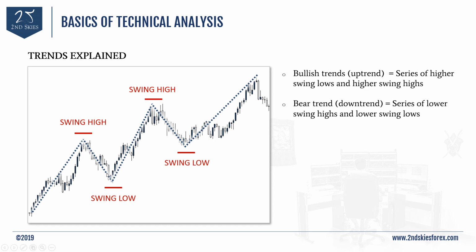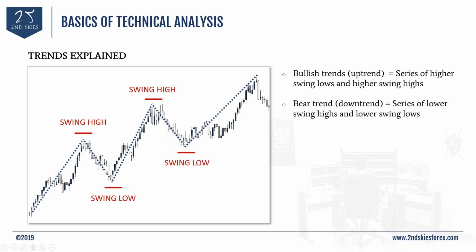Then once the next pullback starts again, another swing point forms. Since this swing point is higher compared to the previous swing point, it's called a higher high. Once this pullback is over, a new swing low is formed, but this one is higher compared to the previous swing low, which means this is a higher low.